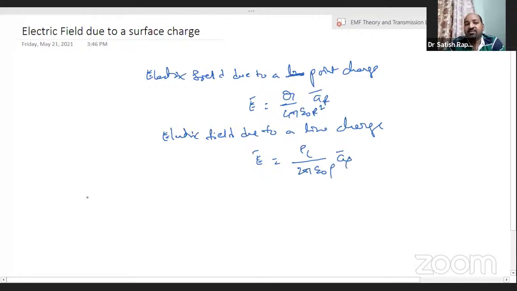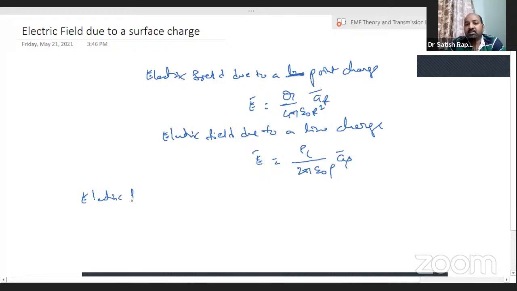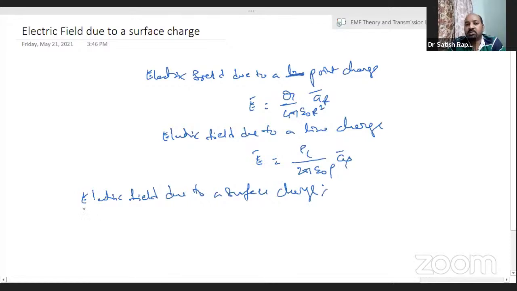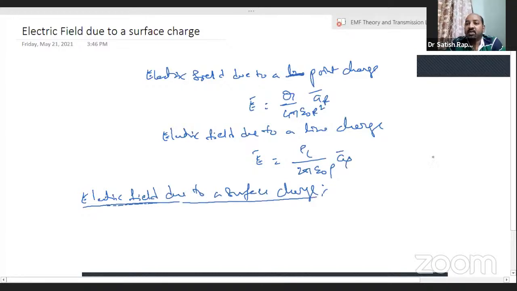Now, electric field due to surface charge. Let us try to determine electric field due to a surface charge.